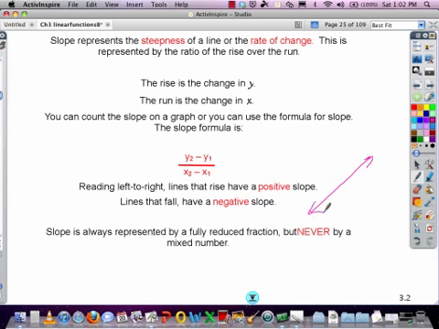So you should be able to look at it and say, oh, it has positive slope. Versus if it falls from left to right, you know it has negative slope. Slope is also always represented by a whole number or a reduced fraction, but we never use mixed numbers. So 2.5 would not be a good representation of a slope. 5/2 would be the better choice.